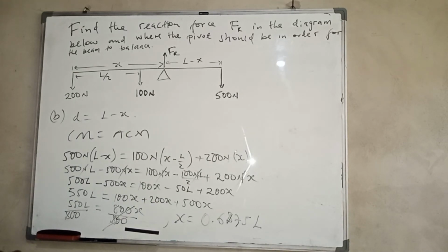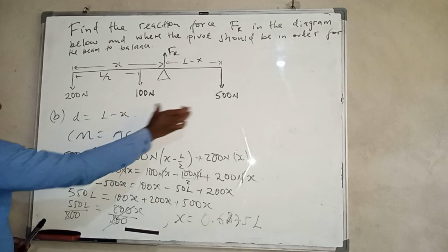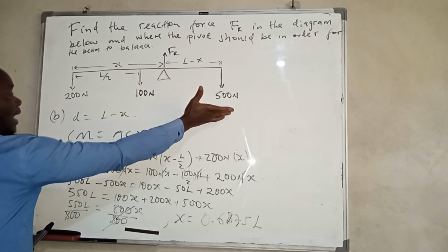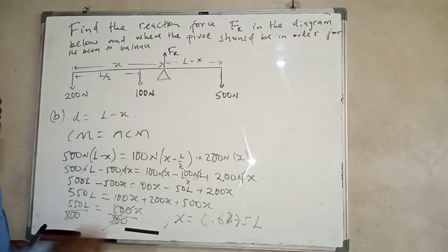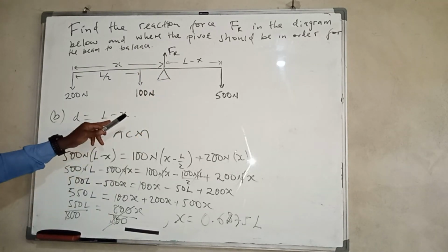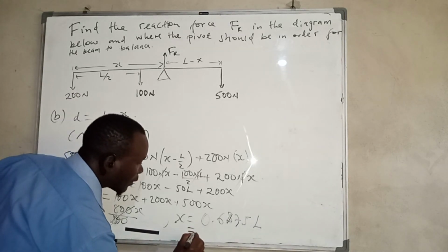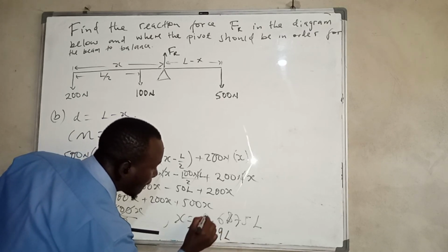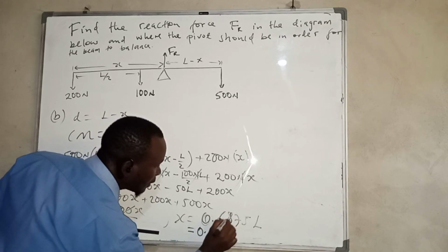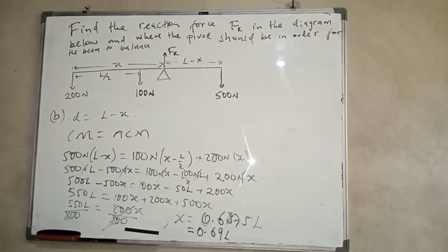So from here, we know that the distance from which the 500 newtons must hang from the pivot in order for the beam to balance is L minus X. This one can also be rounded off to 0.69 L, instead of 0.6875.